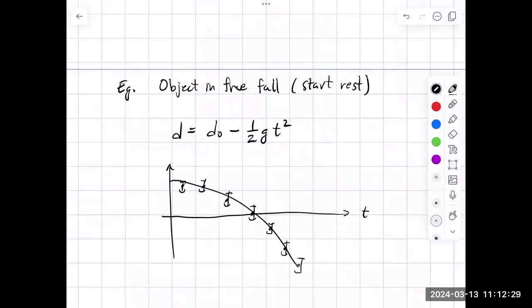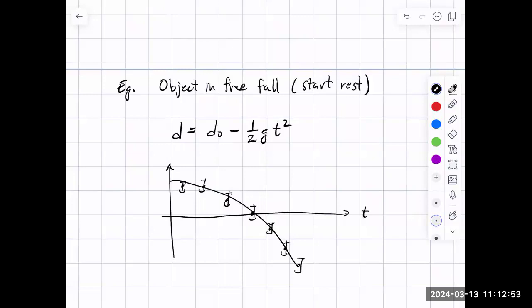So again, if we drop this from a cliff, we'll say the ground of the cliff is a position of 0. So we start with a positive position, release it, it'll fall down past the ground and have some negative position.